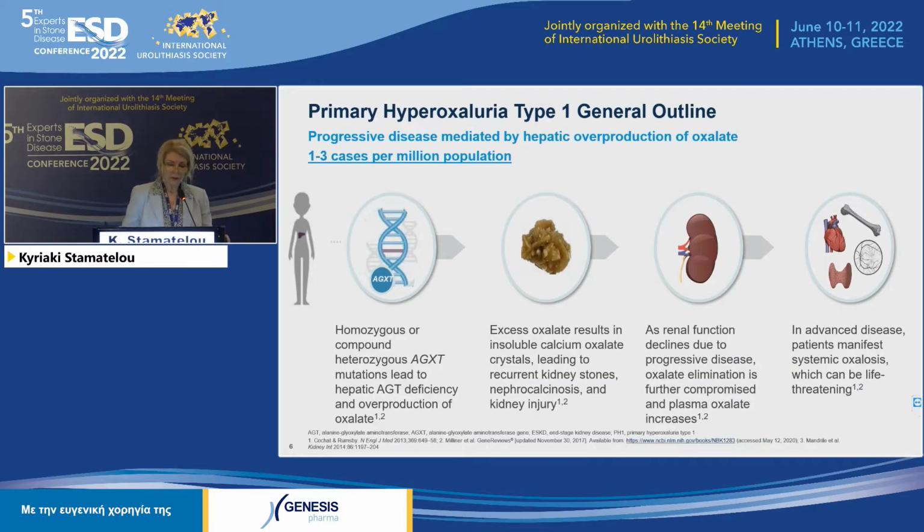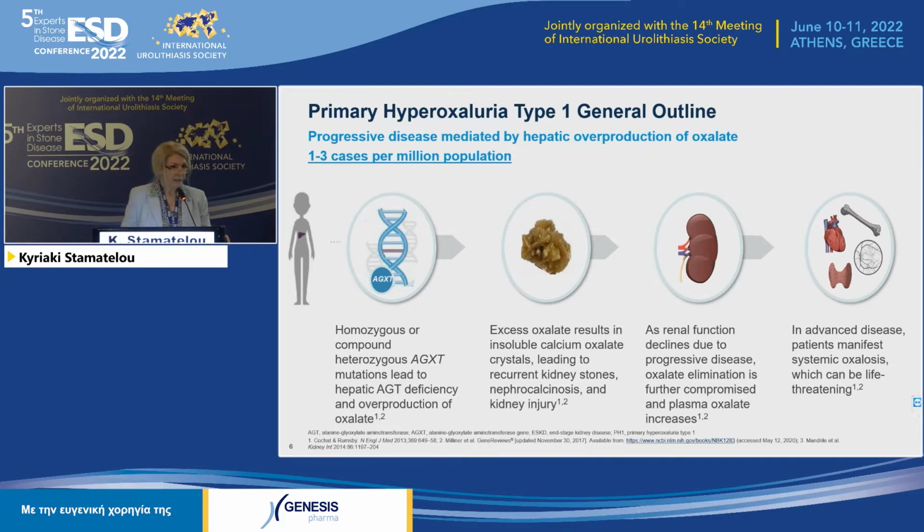So we are talking about a very rare disease. Primary hyperoxaluria is found in 1 to 3 cases per million population. It is the excess oxalate that results in insoluble calcium oxalate crystals, leading to recurrent kidney stones, nephrocalcinosis, and kidney injury.